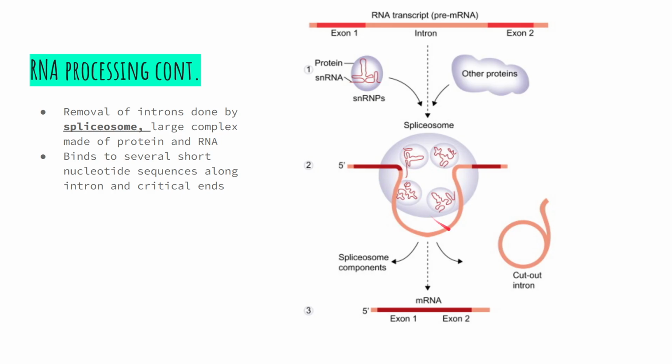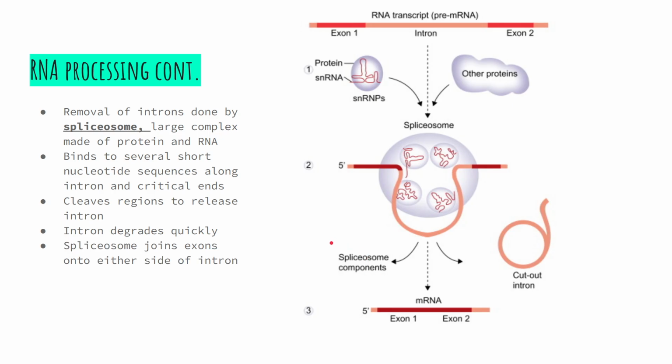The intron is free to go. We are left with exons that get joined together, going from our pre-mRNA to our mature mRNA. The intron does degrade quickly, and this spliceosome, as I said, joins the exons onto either side.